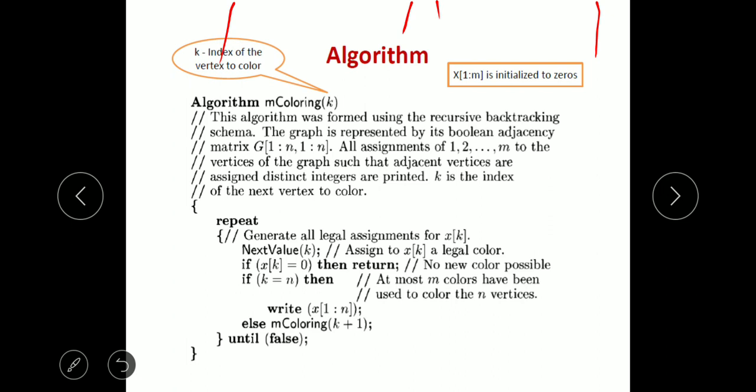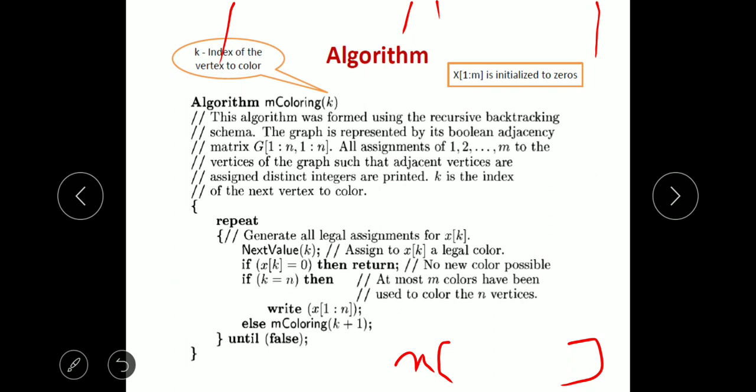Here k is the index of the next vertex that is to be colored, and this algorithm makes use of recursive backtracking. Initially we have a solution matrix X, which has n tuples in it.